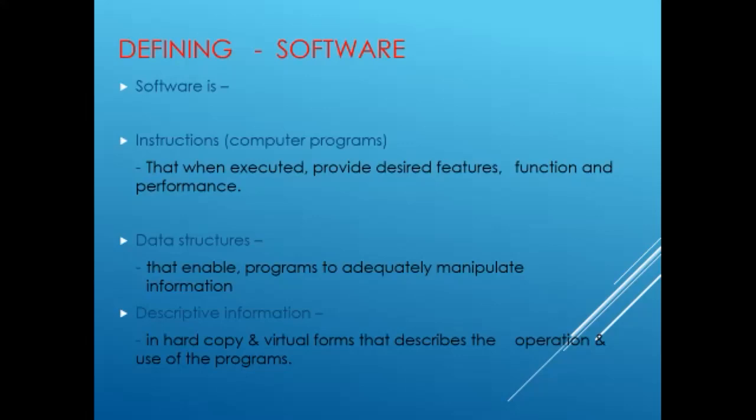So software is a combination of program code, that is instructions, data structures, that is documentation, and descriptive information in which operational procedures are carried out. This is the simple definition of software. Also, software is a logical entity rather than a physical entity.